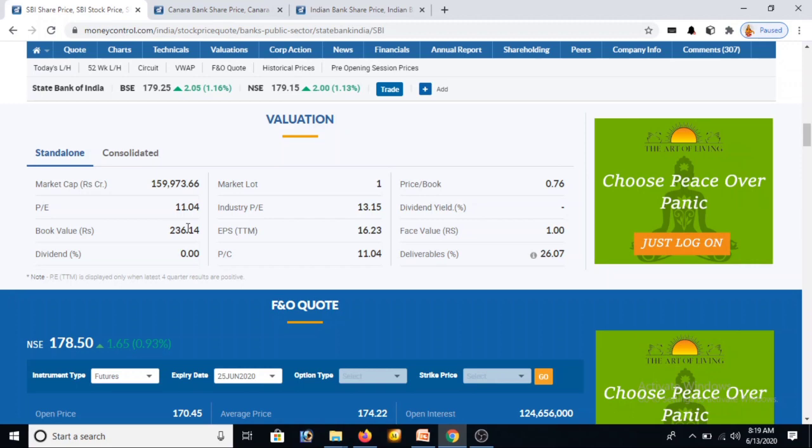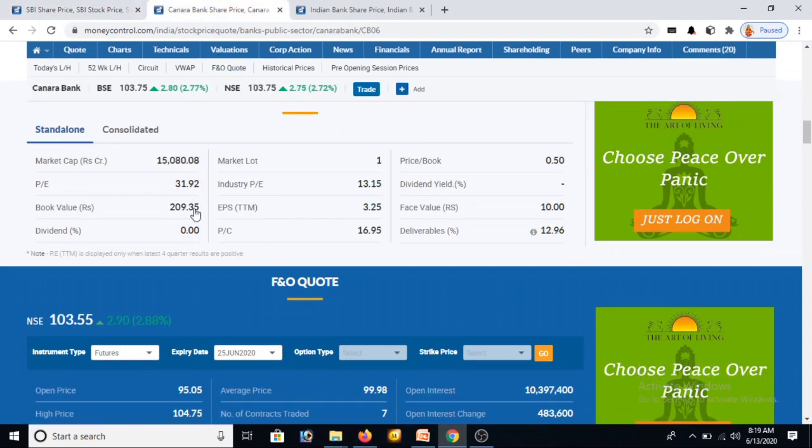Let's take the example of Canara Bank. Canara Bank, the EPS is showing as 3.25 rupees. So to earn 3.25 rupees, the investor is ready to spend 103.75 rupees per share. So he is ready to pay 31.92 times to earn this 3.25 rupees.